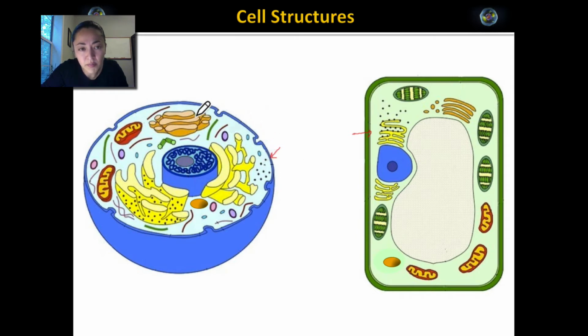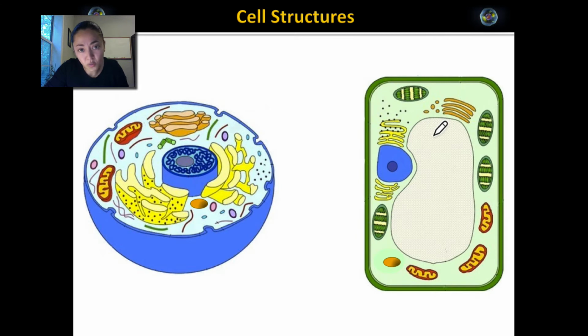Okay, so they do have a membrane covering the whole thing. The plant has the cell membrane, and surrounding that is the cell wall. The role of the cell membrane is to regulate what goes in and out of a cell. You also want to be able to identify the vacuoles, and the large central vacuole is really easy to identify in a plant here, and know what they do.